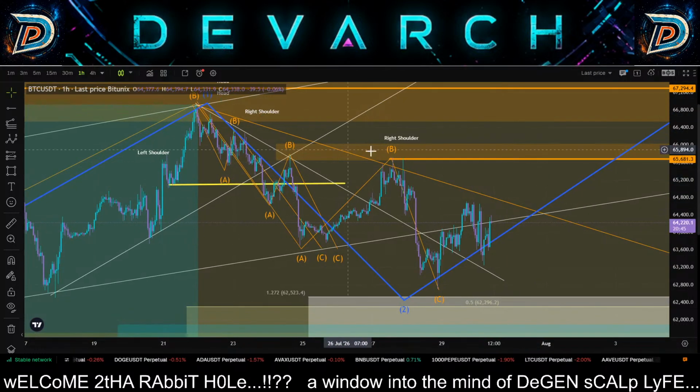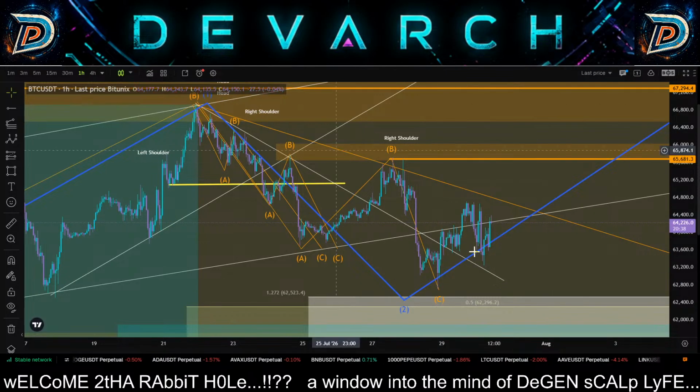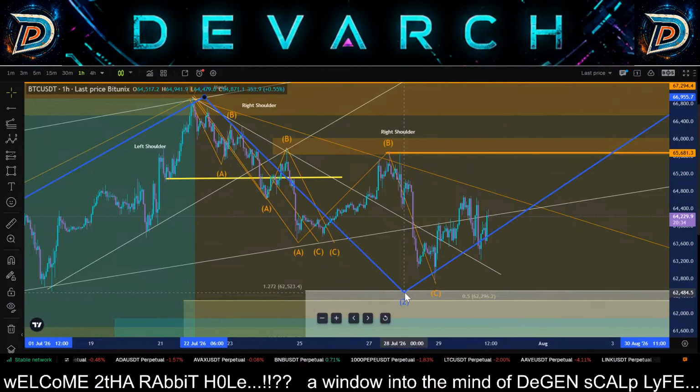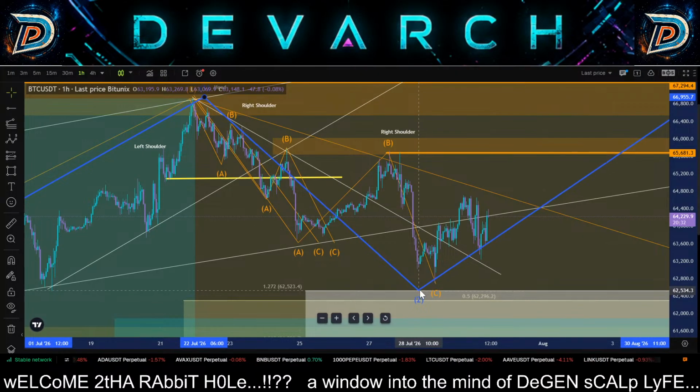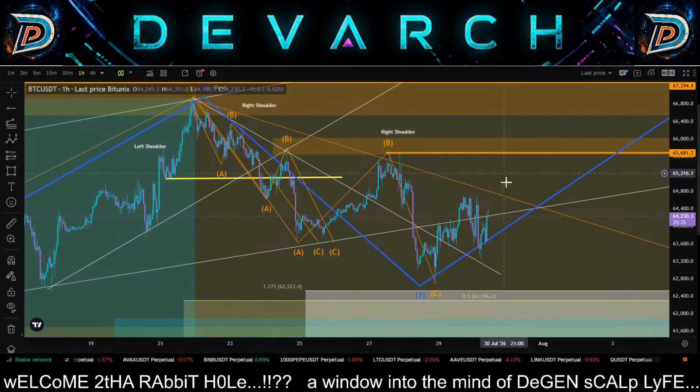which shows that the wave is complete, because we have a complete 3 waves. And when I say the wave is complete, it doesn't mean it can't extend. C waves love to extend, so it does not mean that the wave is over.